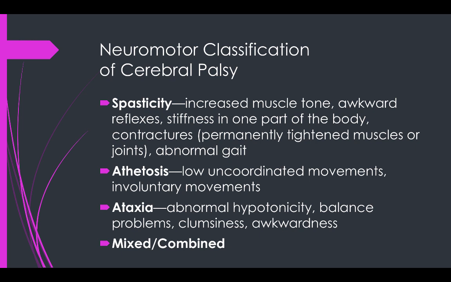Then we have ataxia, which is hypotonicity, so really low muscle tone. They usually have balance issues, maybe seen as clumsy or awkward as far as their movement, maybe bumping into things as they move. And then also mixed and combined, so having more than one of the following neuromotor classifications is seen often.